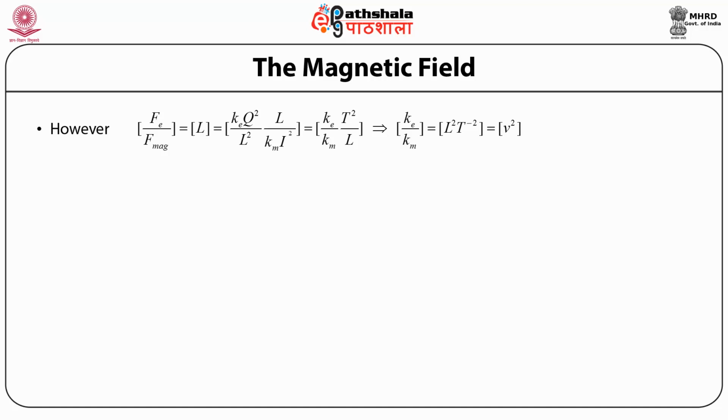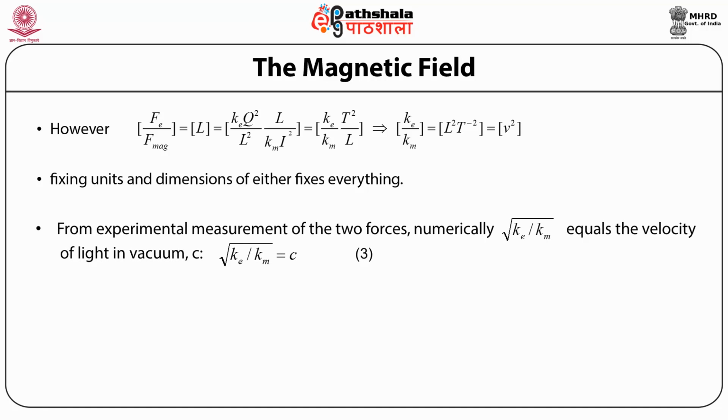This implies that fixing units and dimension of either fixes everything. From experimental measurements of the two forces, numerically the square root of Ke by Km equals the velocity of light in vacuum, that is, the square root of Ke by Km is equal to c.